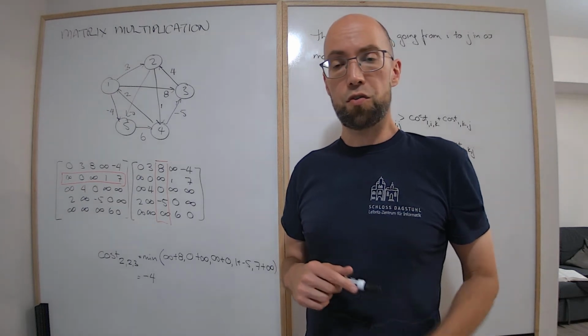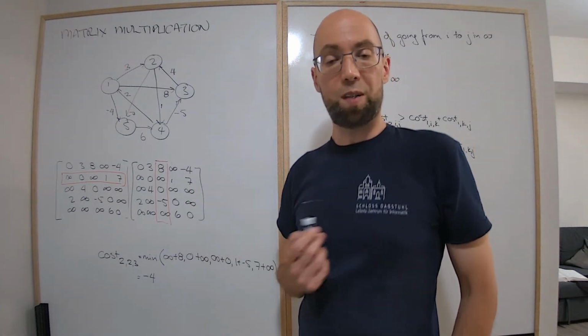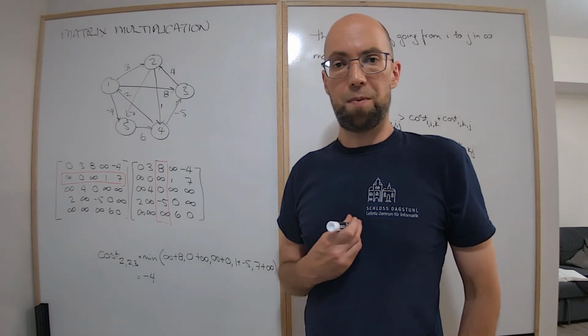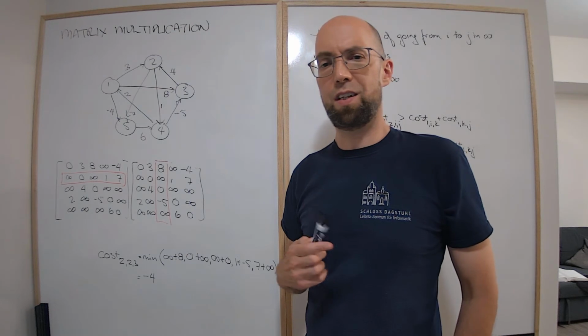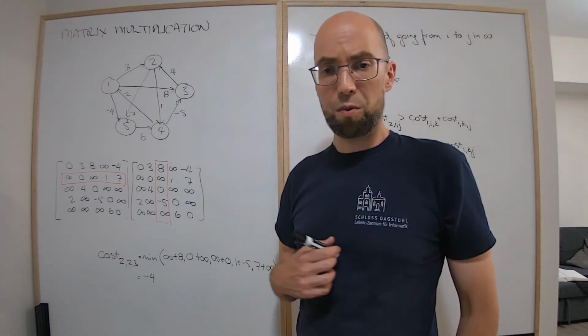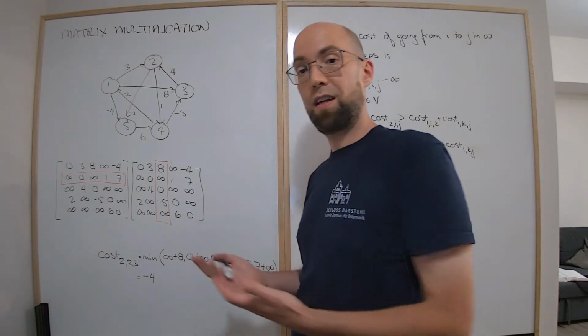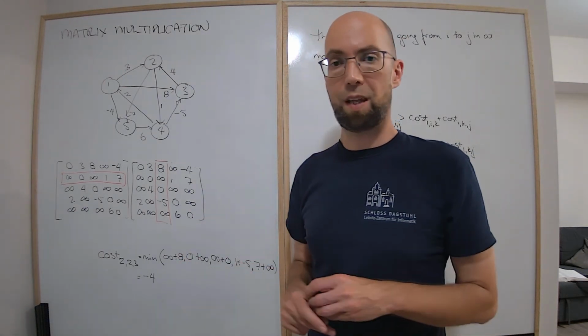Okay, so how long does this take? Well, it takes cubic time, and there is an algorithm called Seidel's algorithm, which uses tricks to get fast matrix multiplication to speed this up.